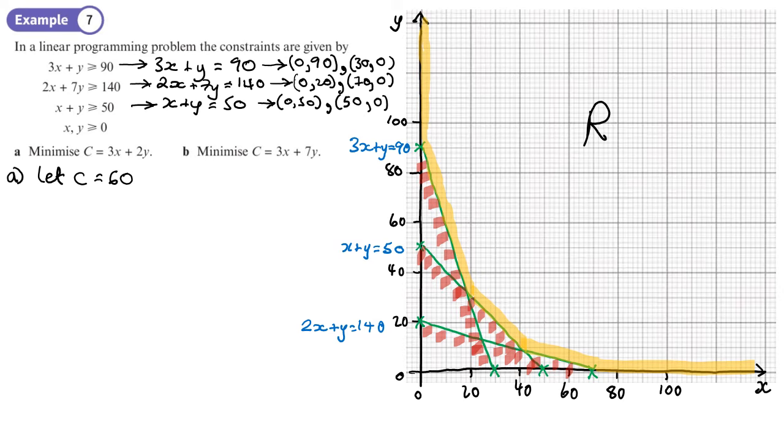So if C is equal to 60, I'll have 60 equals 3x plus 2y. I can get these coordinates from it as 0 for x and 30 for y, and I can also get 0 for y, which will give me 20 for x. Now we'll plot that objective line. My objective line is drawn on here in purple.